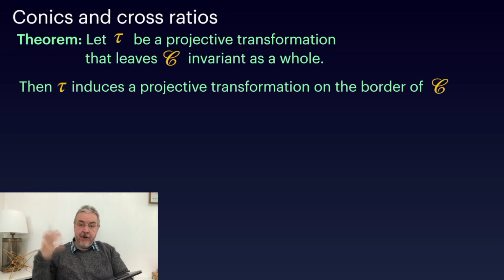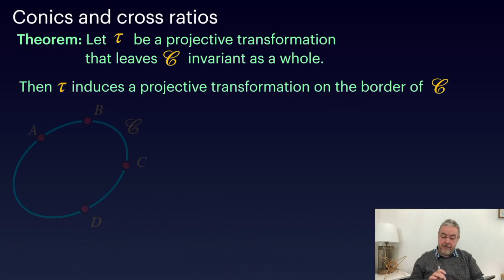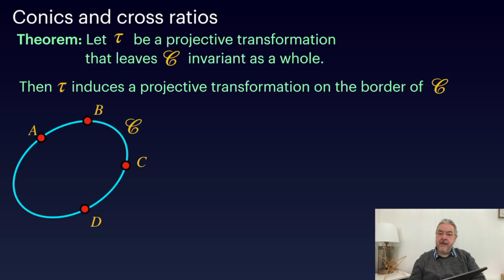So you take your conic and you take a projective transformation and you consider those that may change the position of each point of the conic, but the conic as such is left at an invariant place. And if you have that, this induces a projective transformation on the border of C if you consider this projective scale.